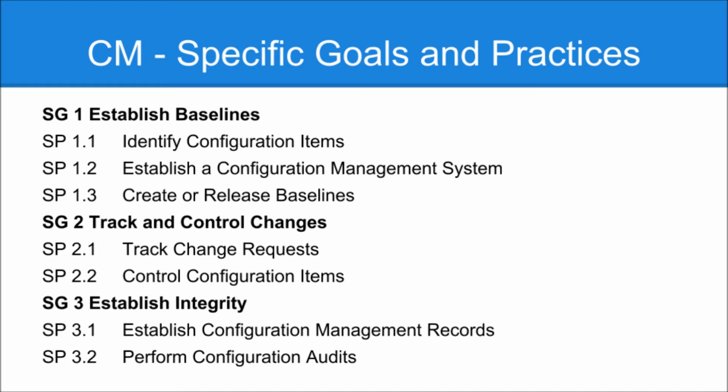The third one is to specify the important characteristics of each configuration item. जो भी आपके configuration items हैं, उनकी special characteristics क्या हैं, important characteristics क्या हैं of each configuration item.